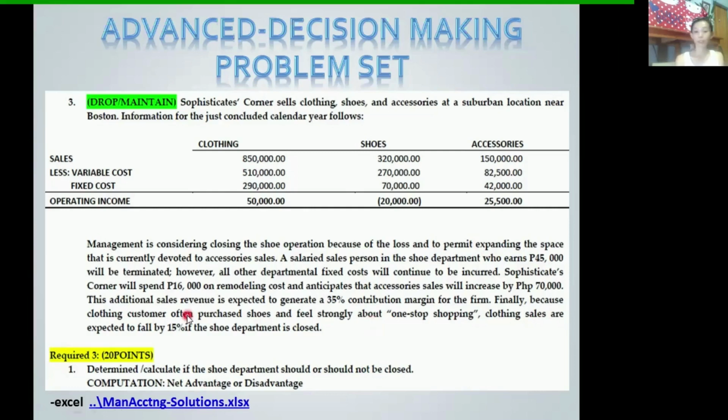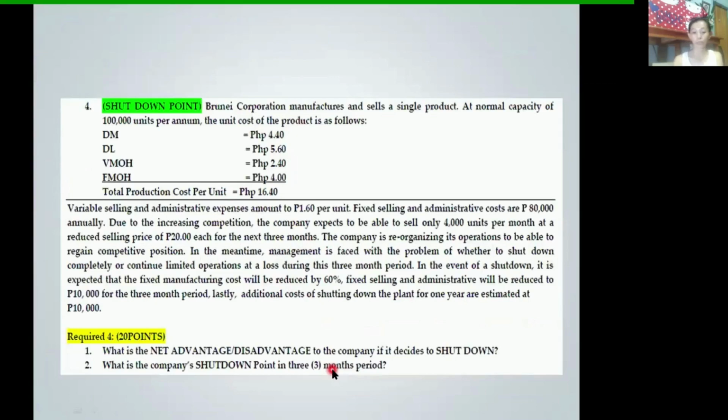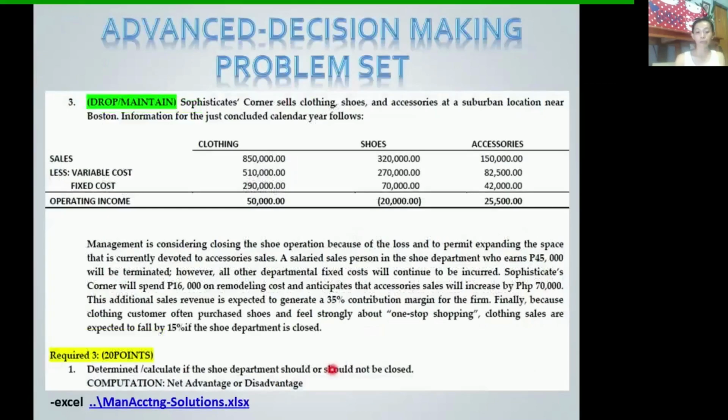The requirement for this situation is to determine if the shoe department should or should not be closed. Show the computation for the net advantage or disadvantage if it will be closed.